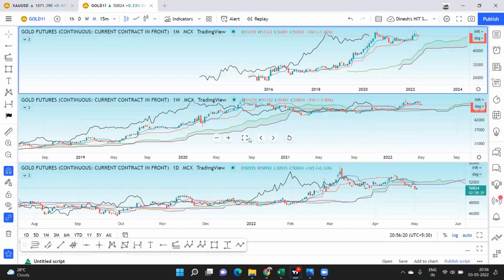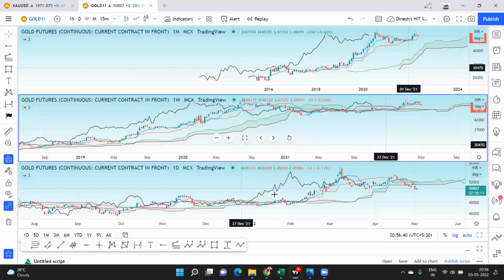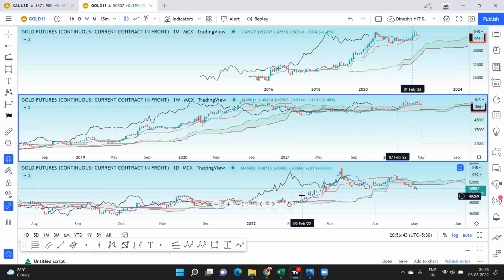In the weekly also, we can see this fantastic support from where it did attempt a bounce in the end of March. And again today it's back to that level, where it is trying to hold on to its move and push its way up from there, in line with international markets.